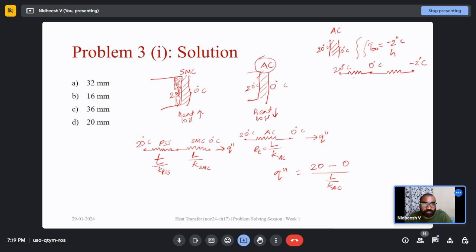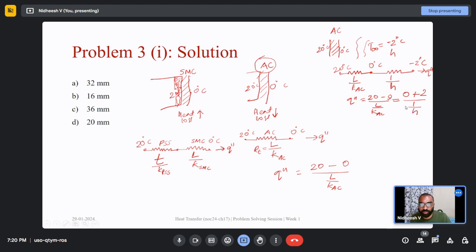This would be L by K of aerated concrete, and in the case of convection it is 1 by H. So if the heat flux is Q double dash, we can write Q double dash equal to either 20 minus 0 by L by K of aerated concrete, or it is again equal to 0 minus 2 divided by the resistance in between them, and we can keep on writing like that.